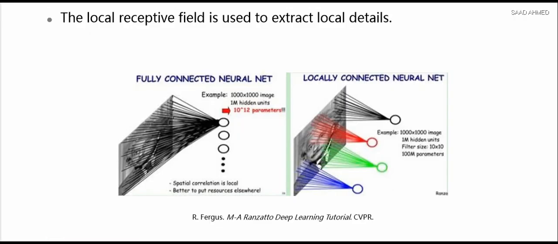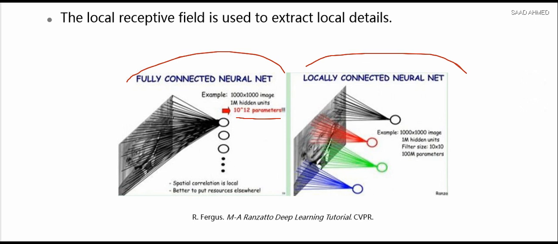Now look at the fully connected neural network and the locally connected neural network. For example, this is the fully connected neural network, with an image of 1000 by 1000 and 1 million hidden units. That becomes 10 raised to the power 12 parameters, and the resources are wasted in this form.